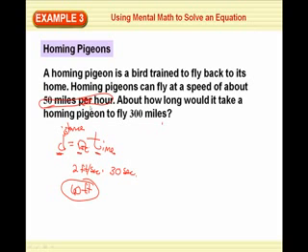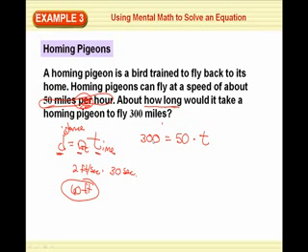Anytime you see that per hour, that's the rate. So the 50 is going to go right there. It says how long, so there's some missing time, so we don't know, times t, and you want a total of 300 miles. So again, we have an equation, 50 times what number equals 300?